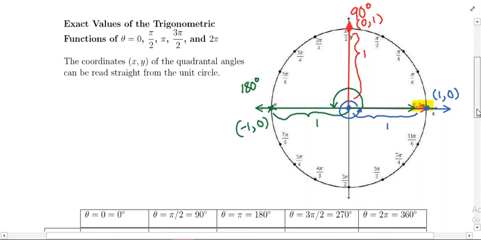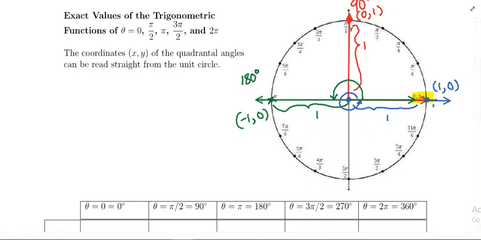And then lastly, if we look at 3 pi over 2, to make that particular angle, you would draw your initial side, and then you rotate around 270 degrees. Then your terminal side would lie along the negative y-axis, so you're trying to establish the coordinates where that terminal side intersects the circle.